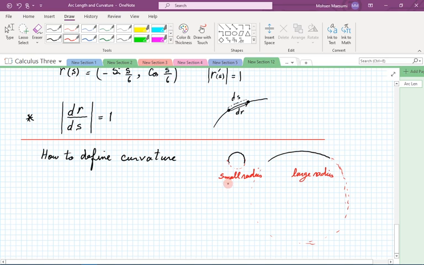We call this thing something with a large curvature, and this one with a small curvature. So how are these related to each other? The radius is going to be the reciprocal of the curvature, or the other way around, curvature.